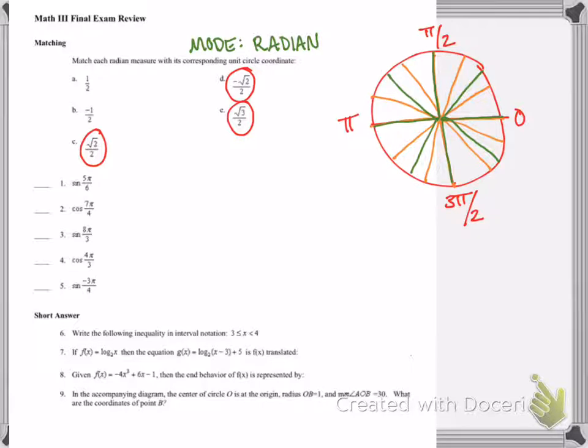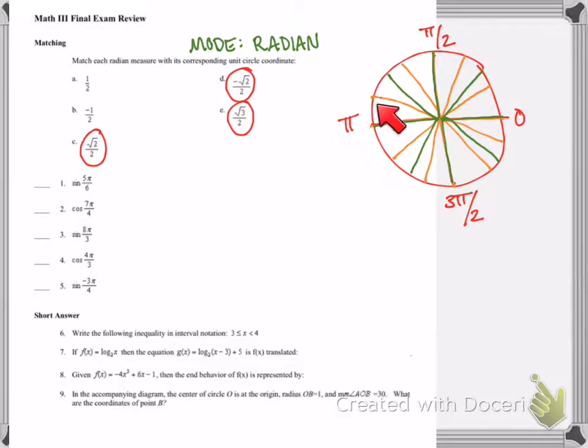When you type in the sine of 5 pi over 6, remember those are the orange ones. We have 1, 2, 3, 4, 5 pi over 6.